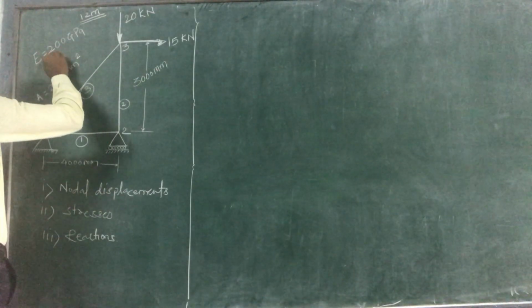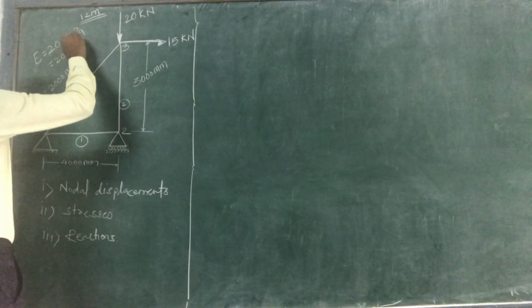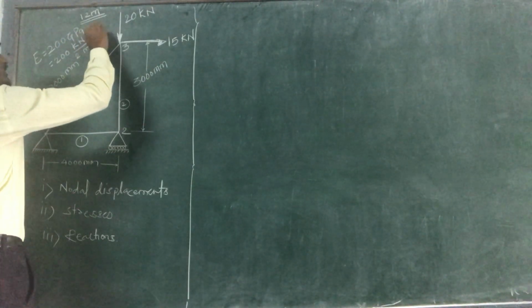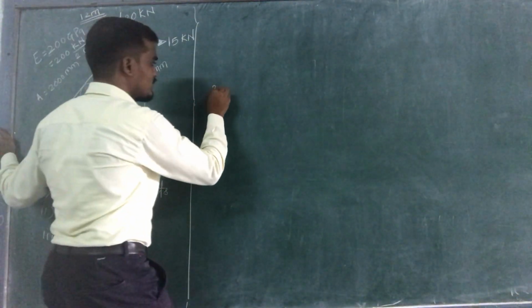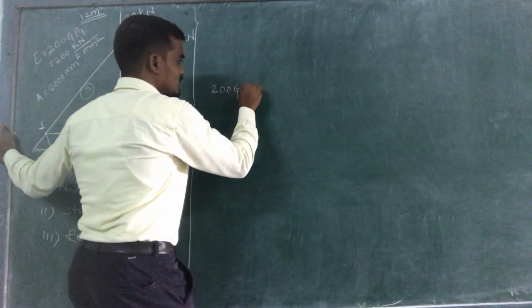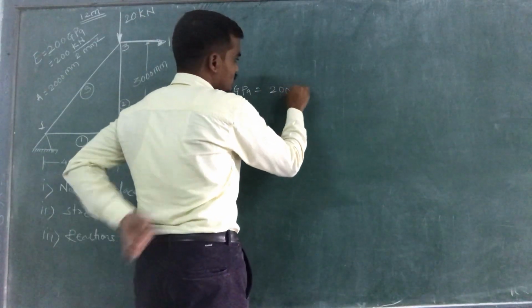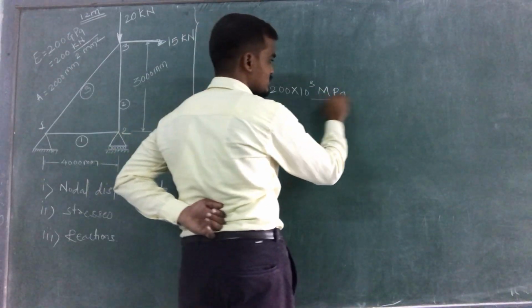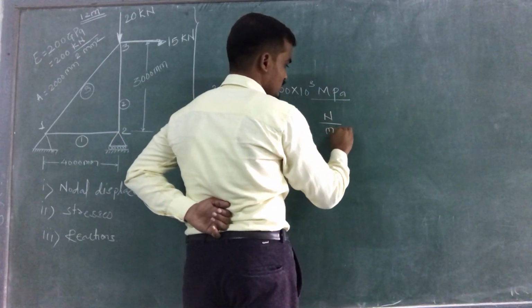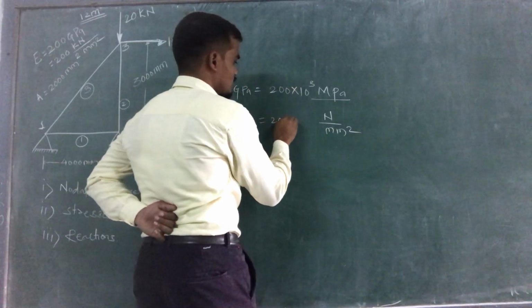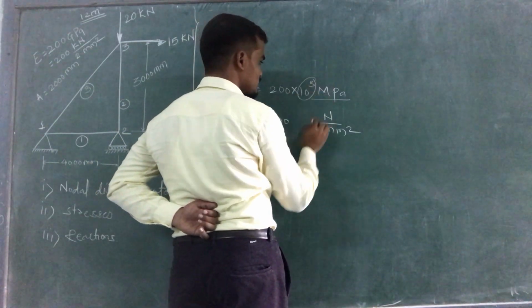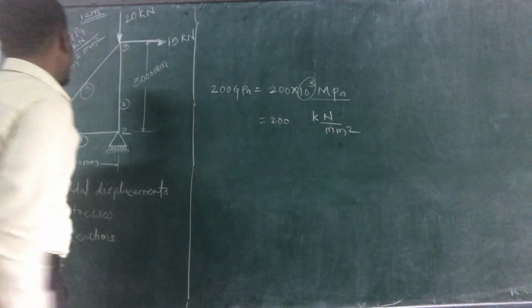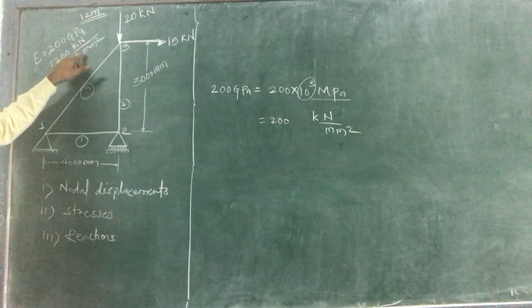It will become 200 kilonewton per mm square only, because 200 gigapascal is 200 into 10 raised to power 3 megapascal. Now 1 megapascal is what? 1 Newton per mm square. So 200, this 10 raised to power 3 is nothing but kilo. So 200 kilonewton per mm square. So this E value is equal to 200 kilonewton per mm square.